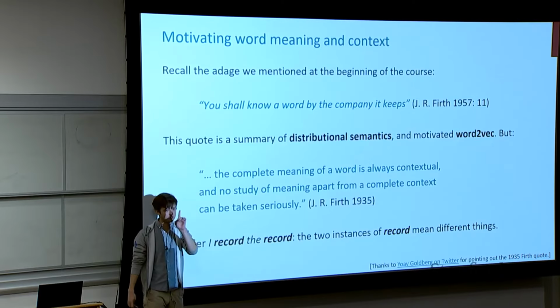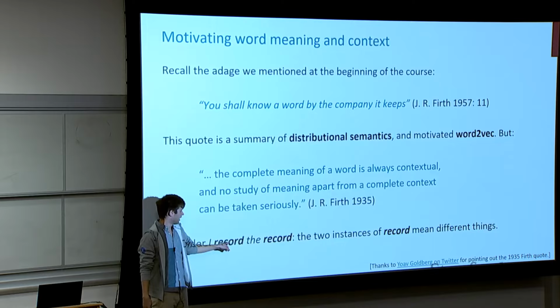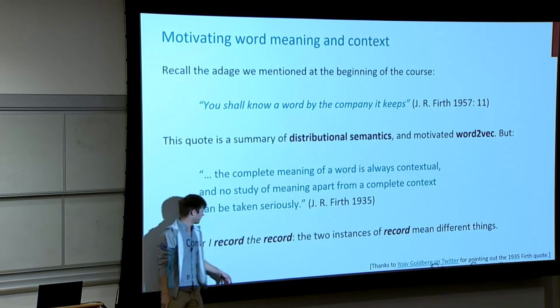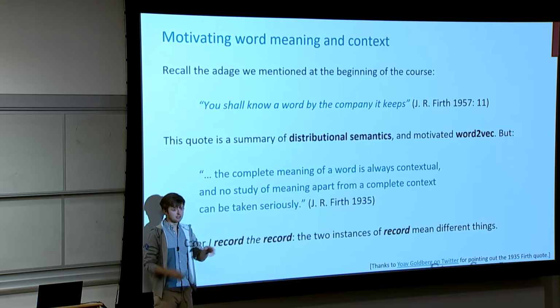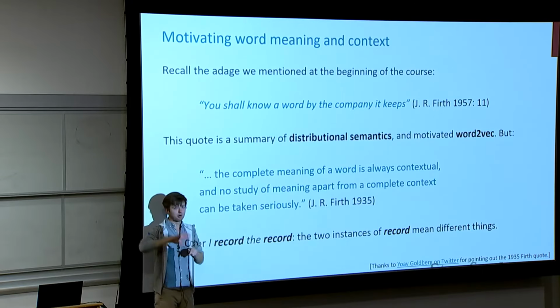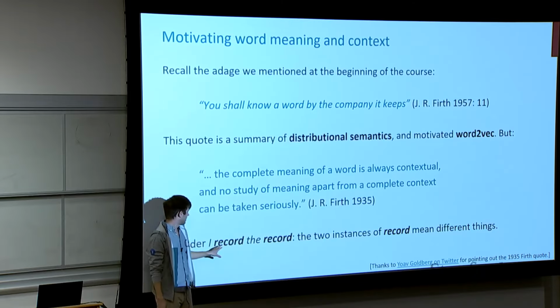But I only have one vector to represent it. And so when I use the word2vec embedding of record, it has this mixture meaning of both of its senses. It doesn't get to specialize and say, oh, this part means record and this part means record. And so word2vec is just going to fail.